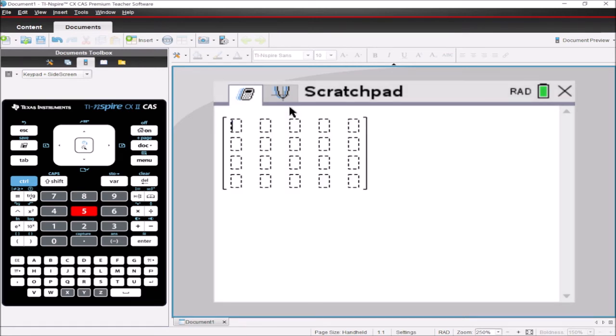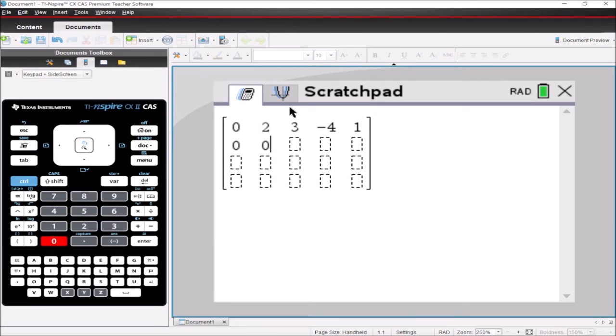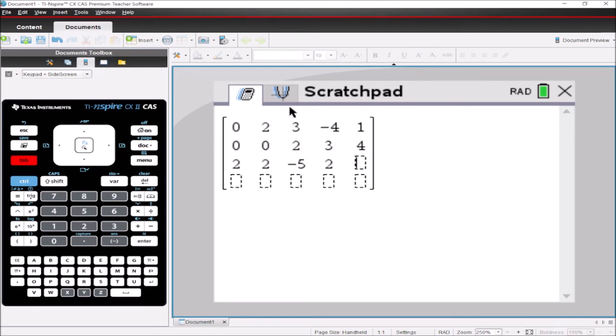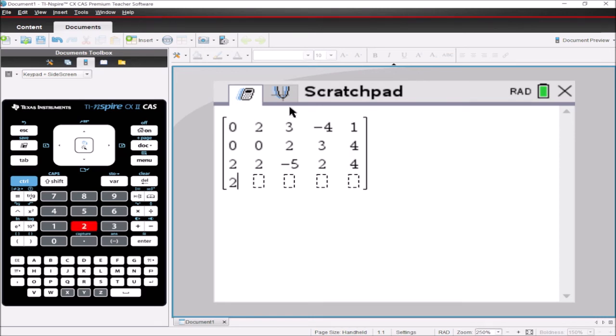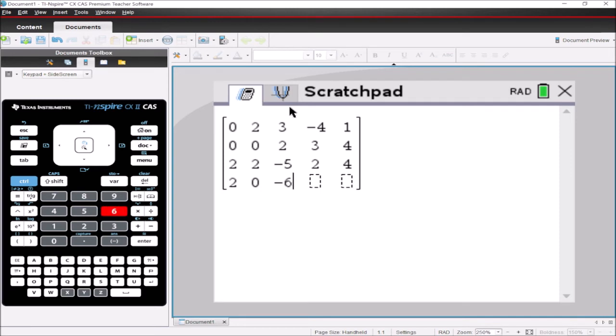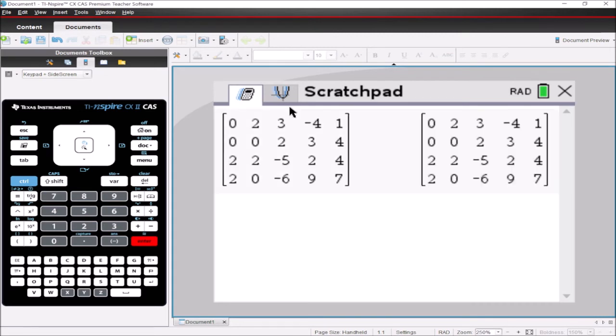Now let's actually go in and type all of our values in. Hit enter. Now the matrix is stored.